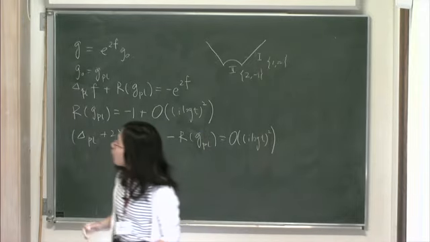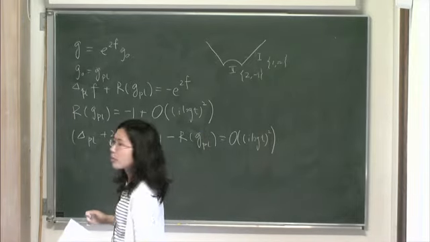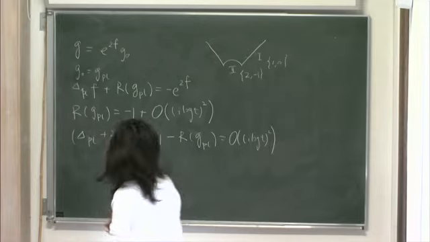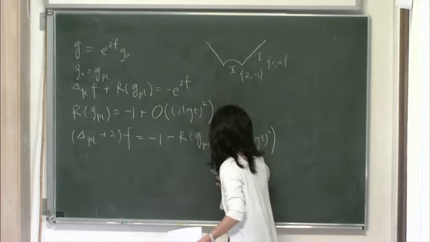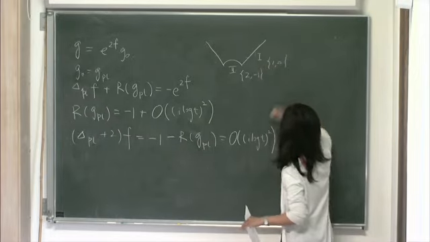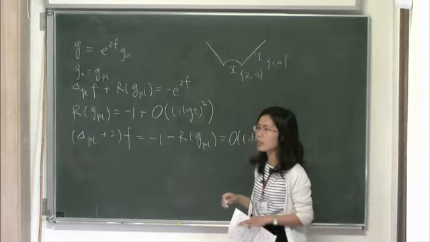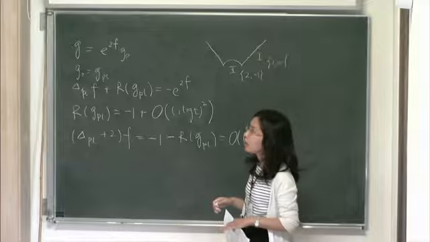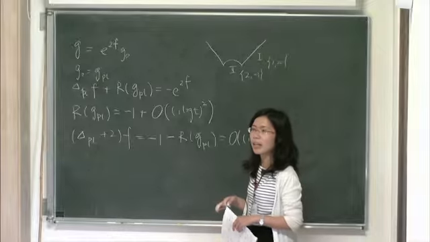One thing I want to mention here is the appearance of extra log terms. This can be seen by the following very simplified model. The appearance of extra log terms usually occurs when the two indicial roots differ by an integer.